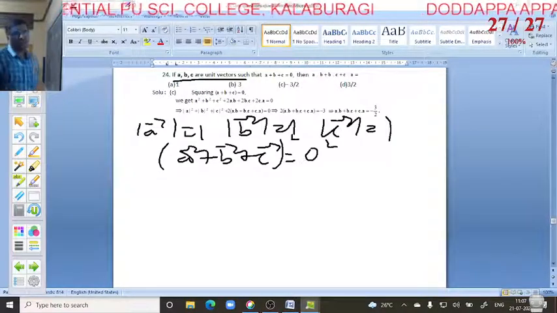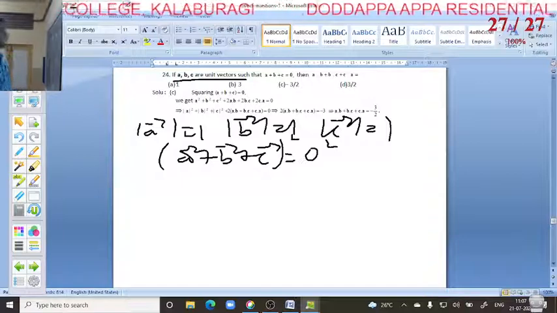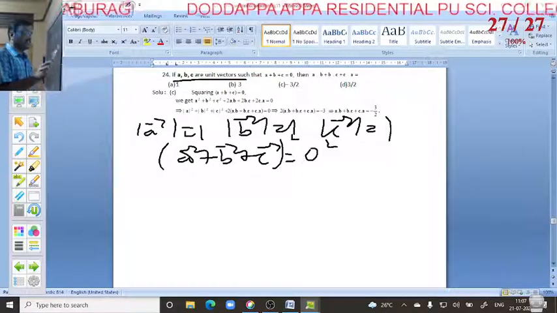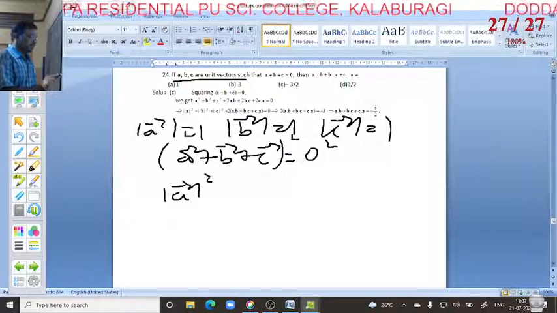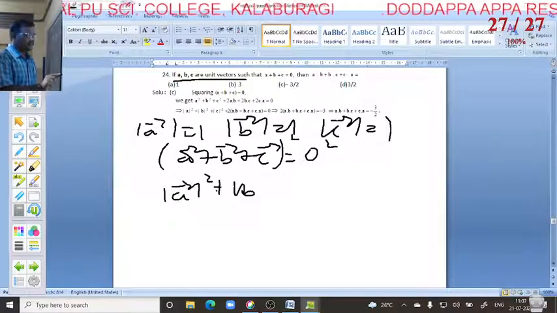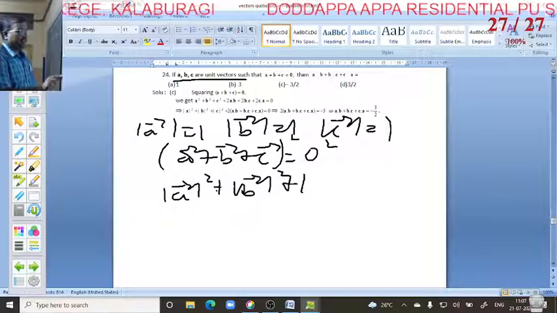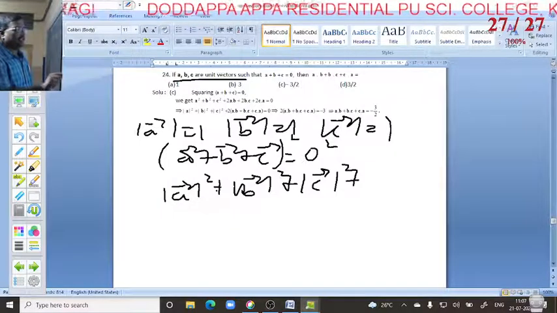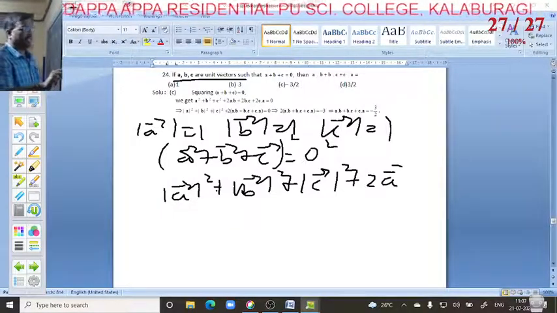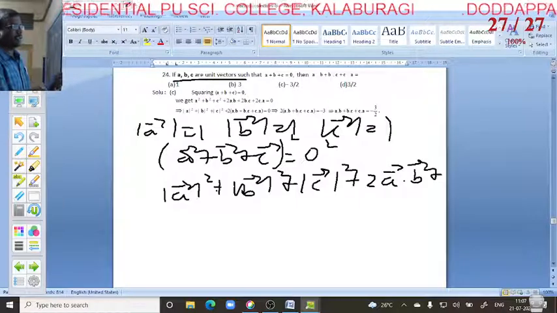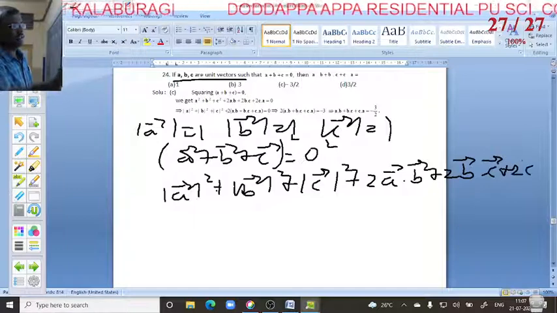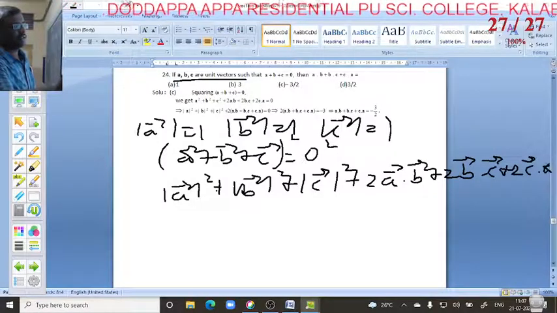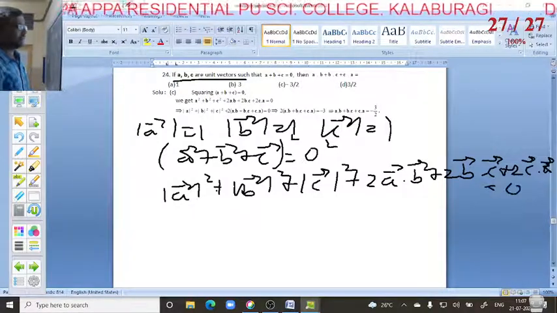Applying the (a plus b plus c) whole square formula: magnitude of vector a square plus b square plus c square plus 2 into vector a dot vector b plus 2 into vector b dot vector c plus 2 into vector c dot vector a equals 0 square, which is 0.